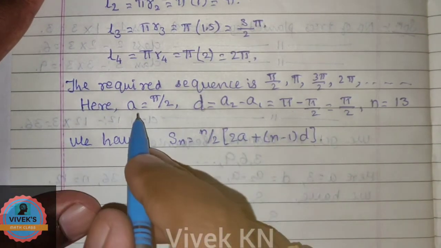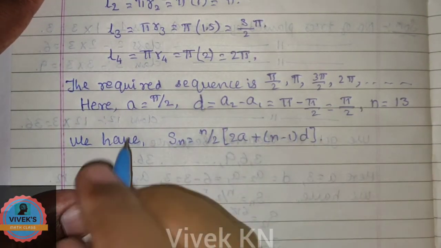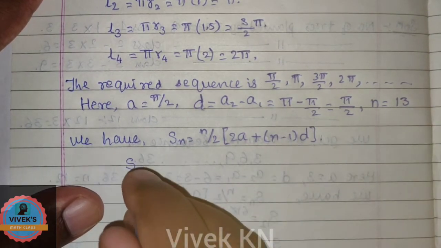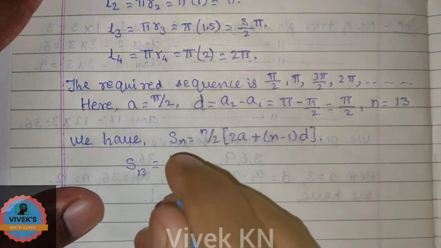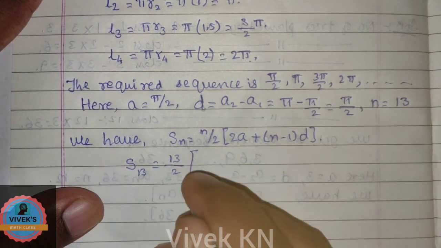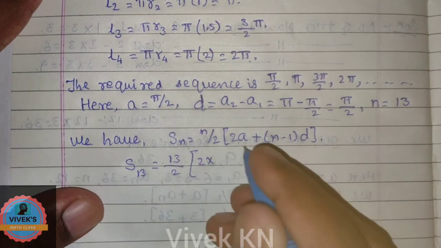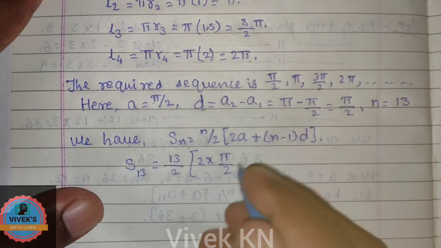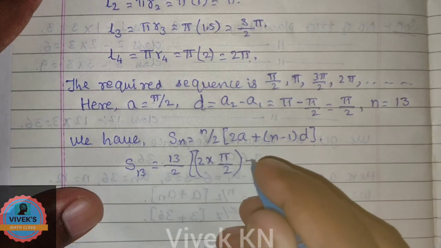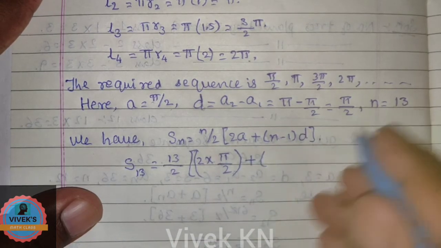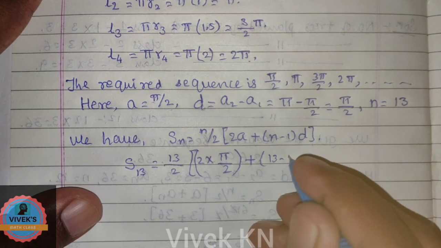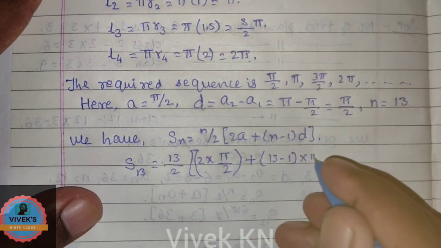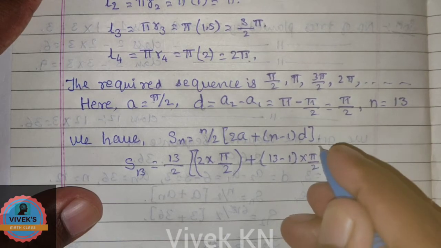Now let us substitute all these values in this formula. The value of n is 13, so Sn is equal to 13 by 2 into 2 into the value of a, which is pi by 2, plus n minus 1, that is 13 minus 1, into the value of d, which is pi by 2.